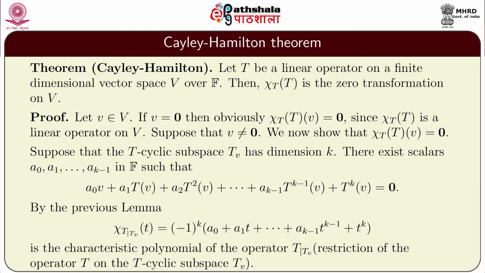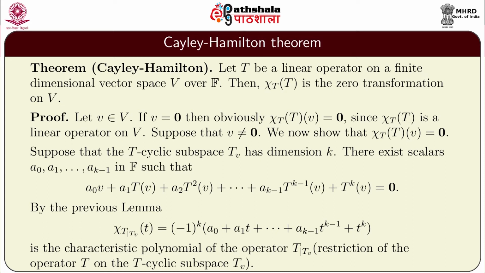Consider the T cyclic subspace T v. If dimension of T v is k, then there exist scalars a0, a1 and so on up to a k minus 1 in F, such that a0 v plus a1 T v plus a2 T square v and so on a k minus 1 T to the power k minus 1 v plus T k v is equal to 0.